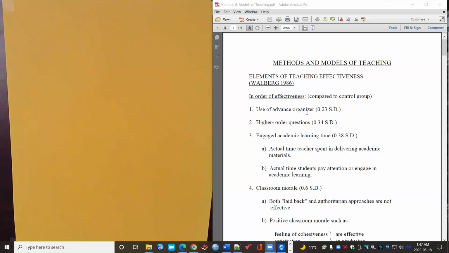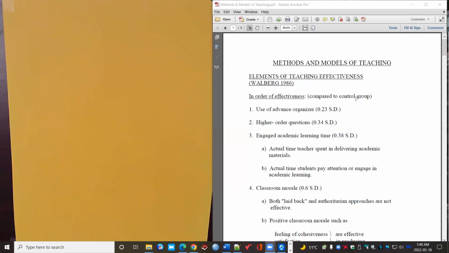So the experimental group was given this in the classroom. The teacher gave them advanced organizer. Control group, of course, in a different classroom.